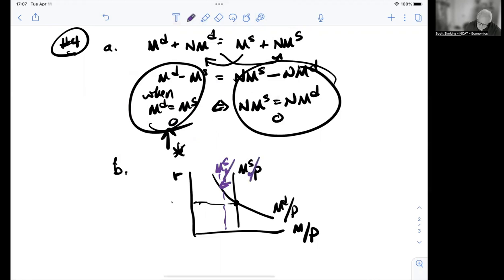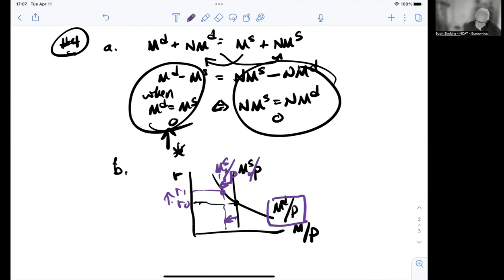And if they do that, that's going to raise the real interest rate. So if the Federal Reserve knows where the real money demand is, they can move the money supply around by buying and selling government securities to create whatever interest rate target they want.